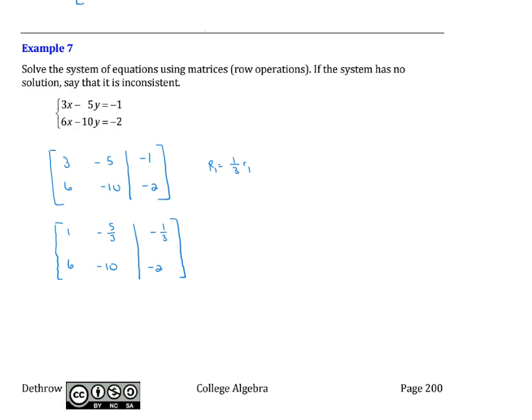Now we want to get 0 here, so let's multiply this by negative 6 and add it to our second row. So our new row 2 will be negative 6 times row 1 plus our old row 2.